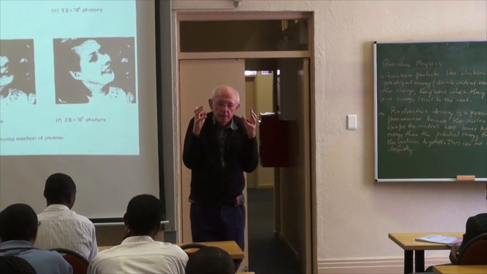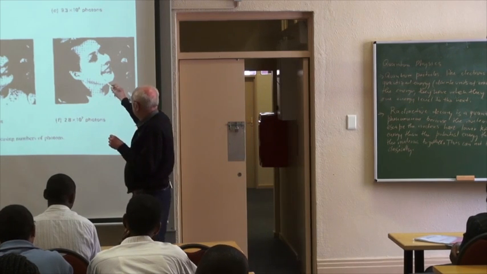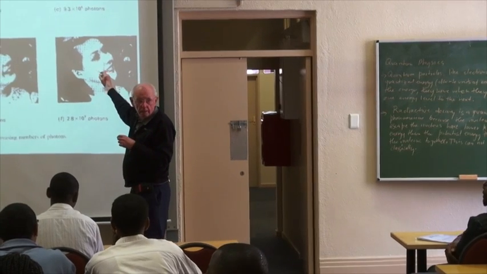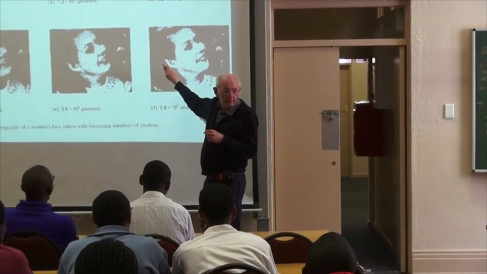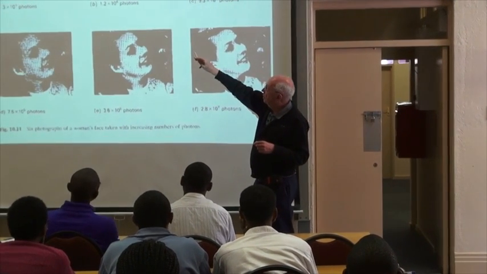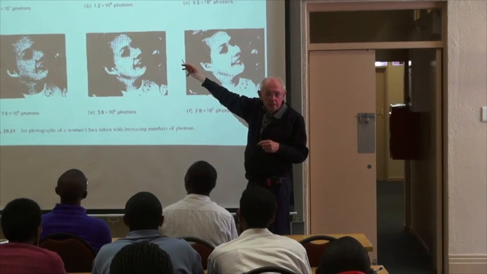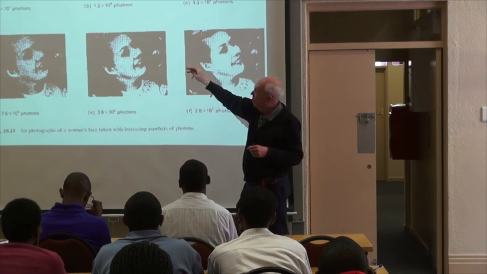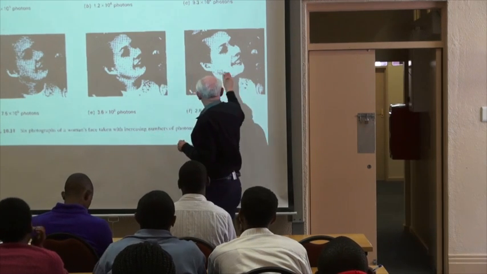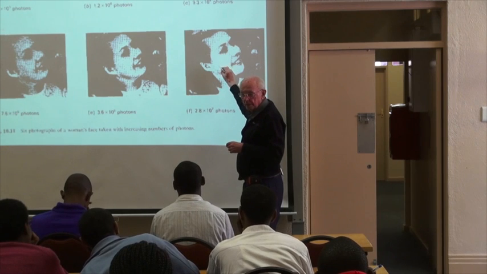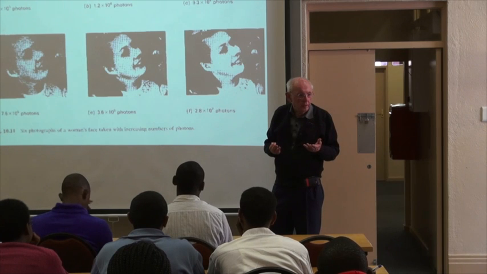So what happens actually is that the average number of pixels hit in this space is high, and here it's low, and that's why this is white and this is black. But when I still have very few photons coming in, then only few of them are hit. And so even in this area, which eventually must be white, it is possible that no photon has hit there.